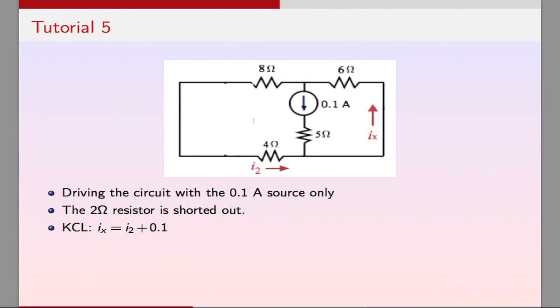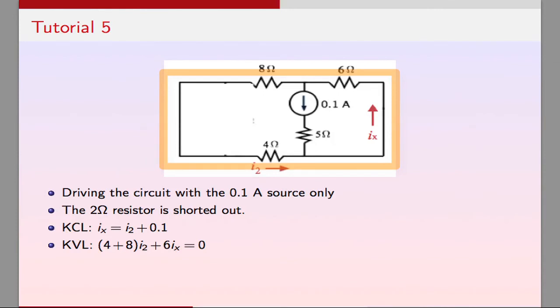Now let's write a KCL equation at this node. We have the 0.1 amp entering, I2 is entering the node, and Ix is leaving. So the equation becomes Ix is equal to I2 plus 0.1. Now let's write a KVL equation for the outer loop, and this gives the following.